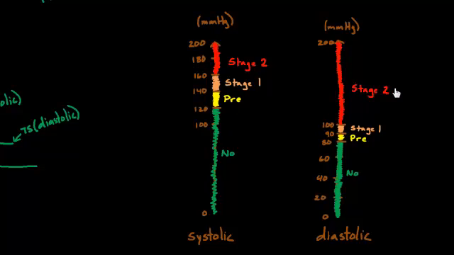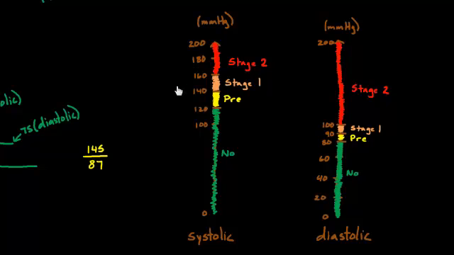So I'm just going to do a couple quick examples for you. So let's say, I'll do them in yellow, a different color. Let's say that you have 145 as a systolic, and your diastolic is, let's say, 87. Well, 145 is right here, right? And 87, actually let me do it in the same color just to be consistent.